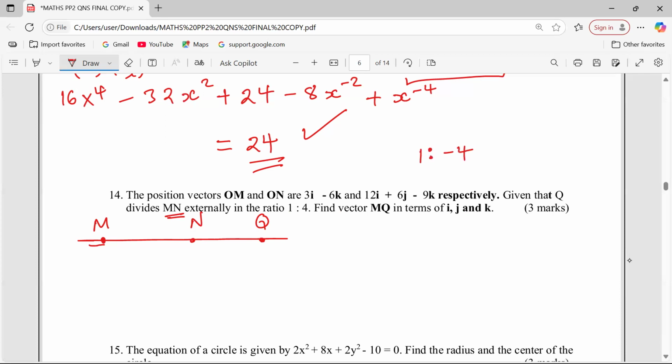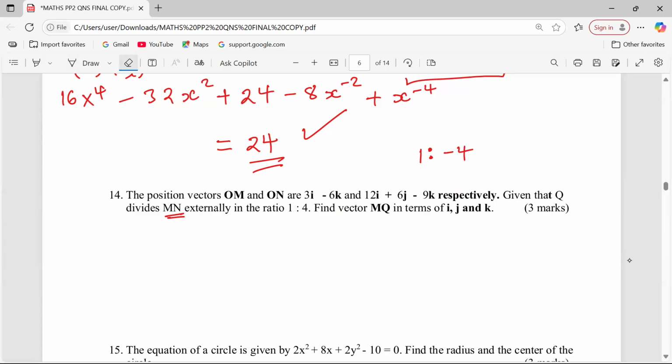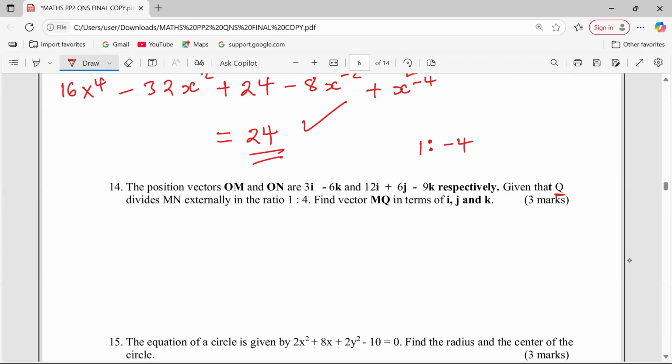Externally in the ratio 1:4 can be written as 1:4. And what does it mean? You see, the second proportion is bigger than the first one. If the second proportion is bigger than the first one, then this is how they are arranged. I want to write them very well for you to understand. Q is the one dividing MN. So from M to Q we have 1 unit, and from Q to N we have 3 units backwards.